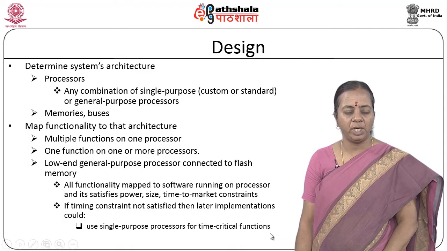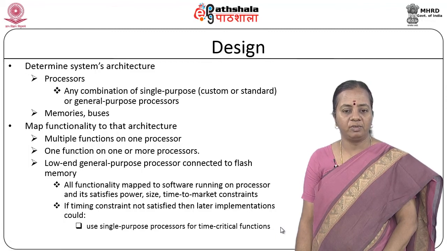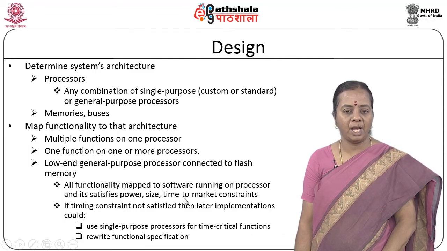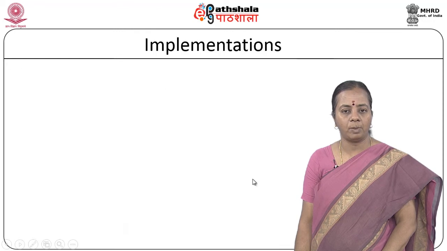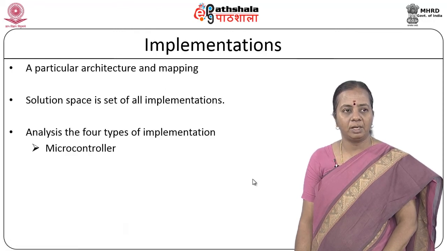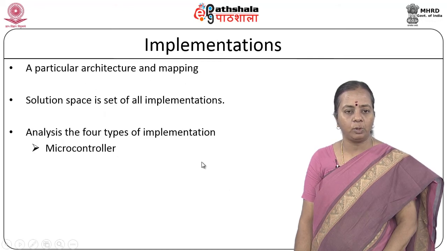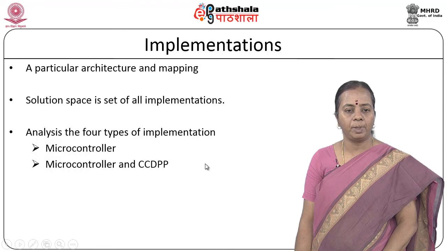If you need to improve the time, then we need to concentrate on a good processor or multiple processors to do different works. That is the way people have rectified the problems and enhanced the system performance, and maybe we can rewrite the functional specification to compensate for these problems. When you are implementing it, a particular architecture and mapping can be used. The solution space is set for all implementations.